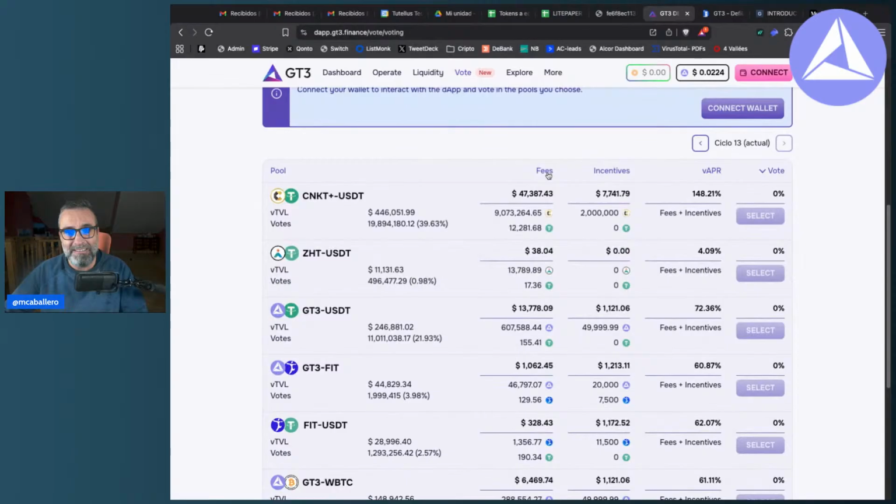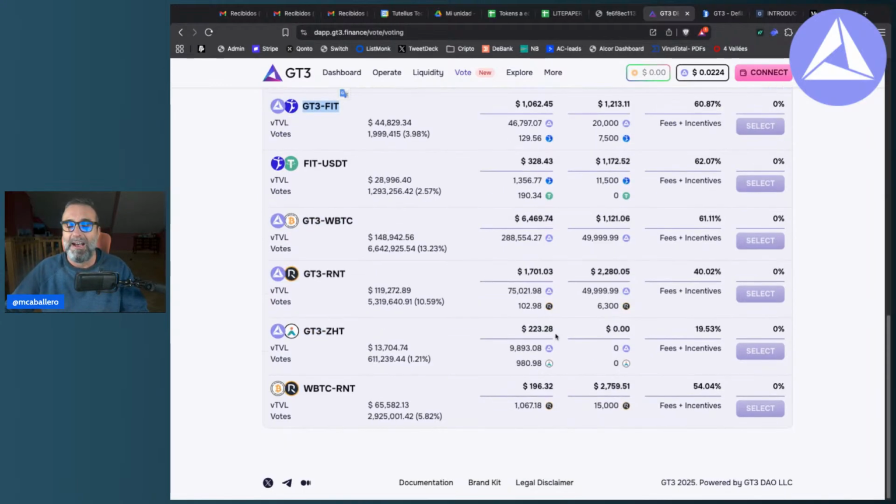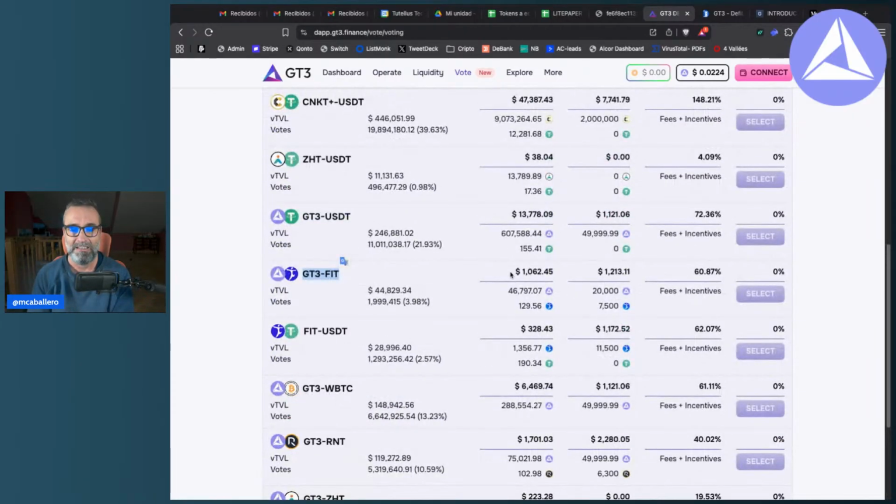The fees that the different pools generate, and these fees are based on different tokens, as you can see here. For example, the CNKT Plus versus USDT pool generates fees in USDT and in CNKT. The GT3 and fee token pool generates fees based on GT3 and also on the fee token. Each pool generates fees depending on its tokens.